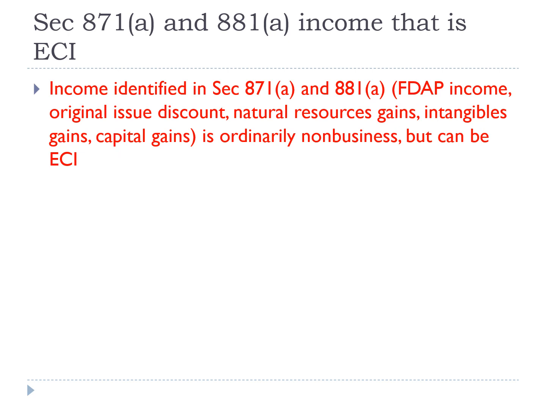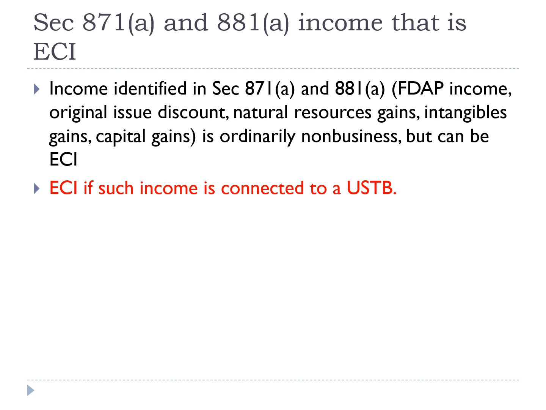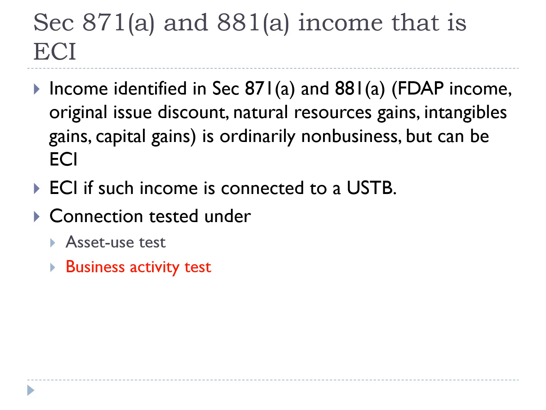Such income is taxed as non-business income only if it is not connected with a U.S. trade or business. All of the various types of income in sections 871A and 881 can be connected with a U.S. trade or business, in which case the income is taxed as ECI at regular tax rates. As we will discuss in a later lecture, income can be connected with a U.S. trade or business under the asset use test and the business activity test.